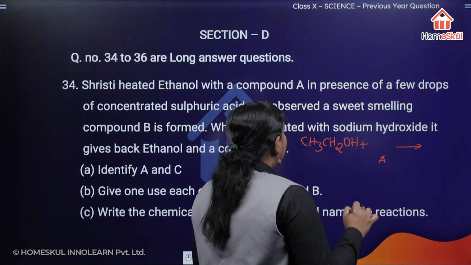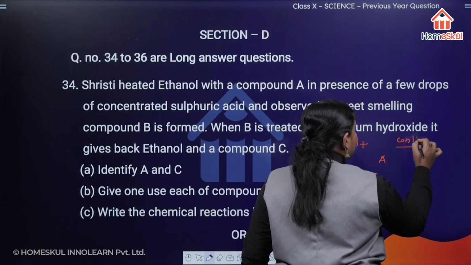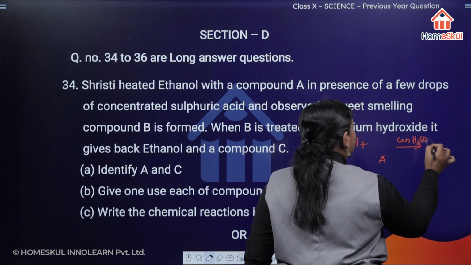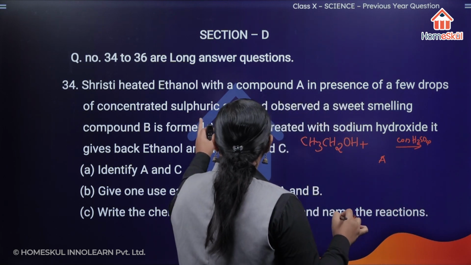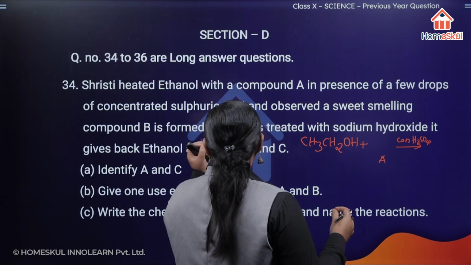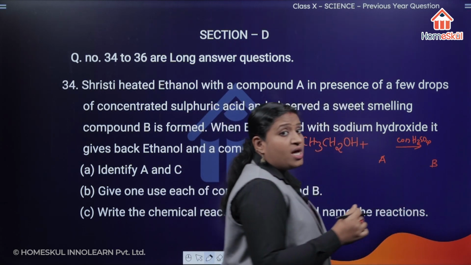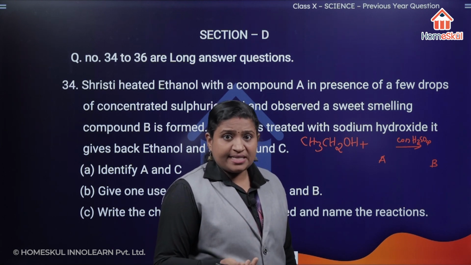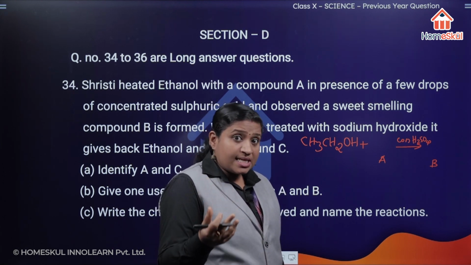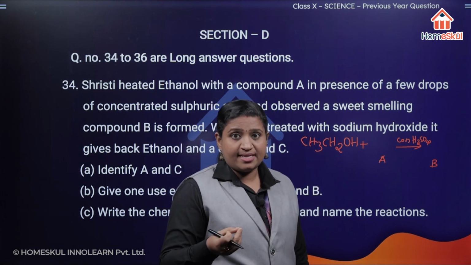When they combine in the presence of concentrated H2SO4, a sweet smelling compound B is formed. We know esters are sweet smelling, isn't it? So, an ester is formed on reaction of an alcohol with an acid, isn't it?